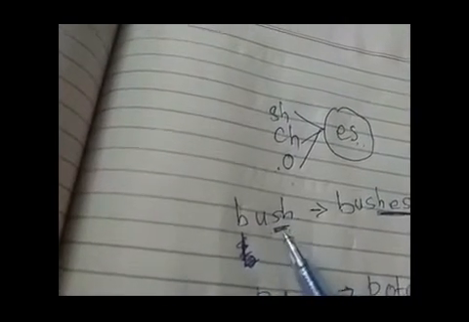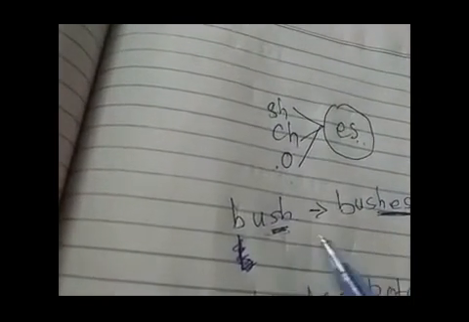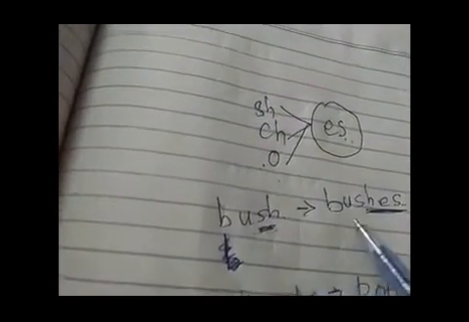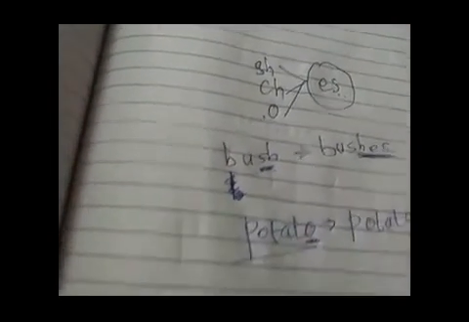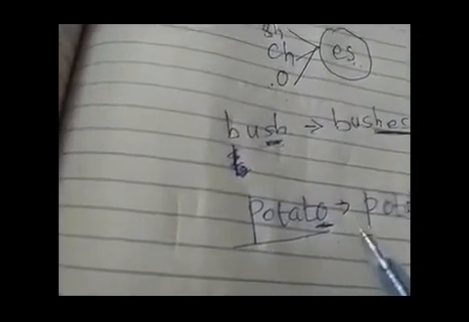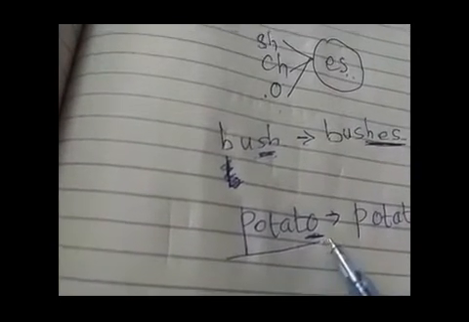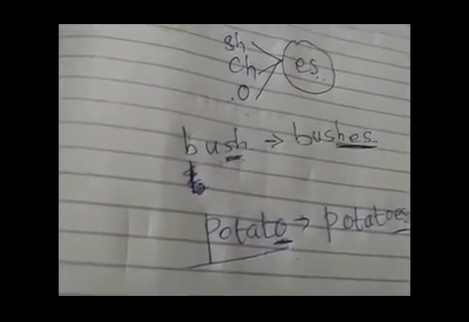If SH comes at the end of a singular noun, then you have to put ES with it, not simply S, as in bushes. And similarly, if O comes at the end of a singular noun, you have to put ES.